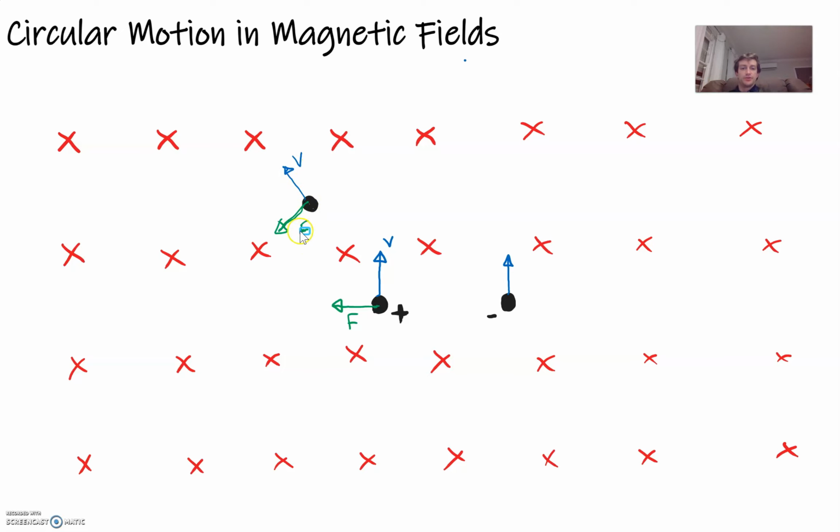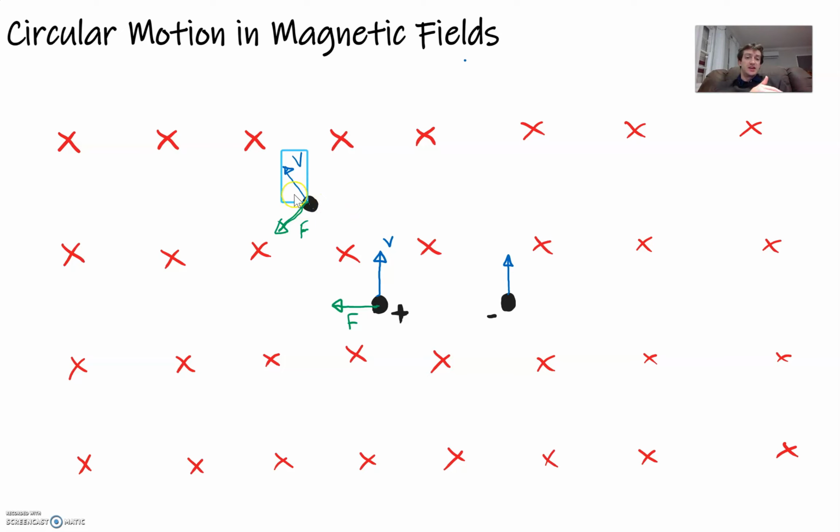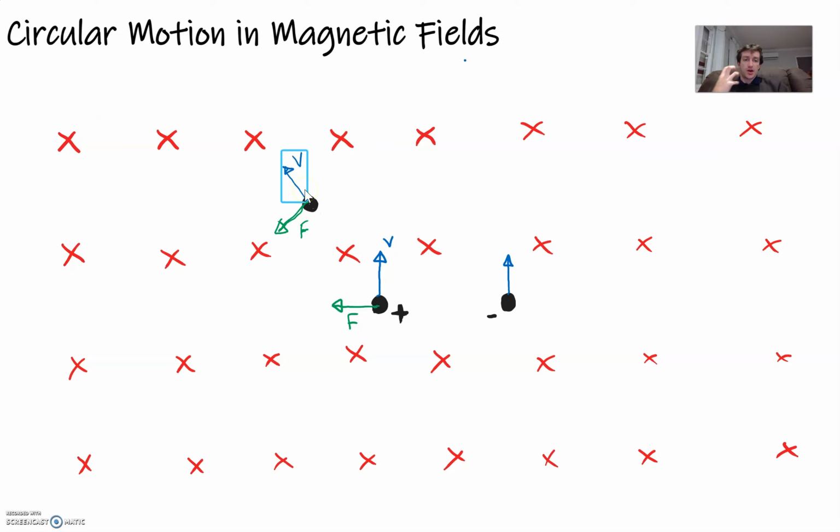So there's our new force vector there, which from our perspective looks like the direction of the force has changed, but it kind of hasn't, because it's still just at right angles to the velocity. It's going to keep turning the velocity, because that force is at right angles to the velocity, so it's going to turn it again. And that will keep happening as the particle makes its way all the way around. It'll end up traveling in a circular path.